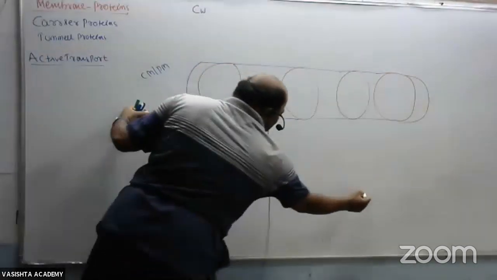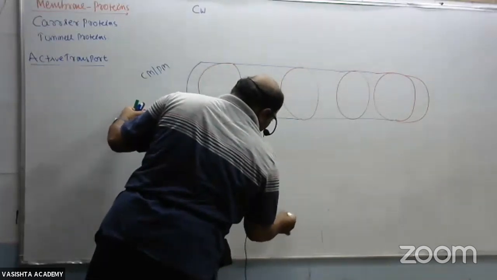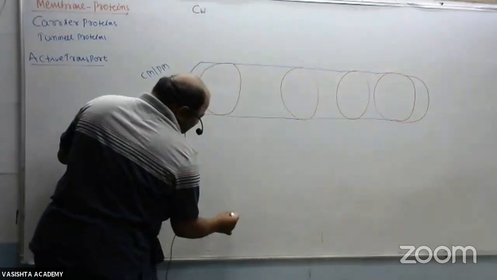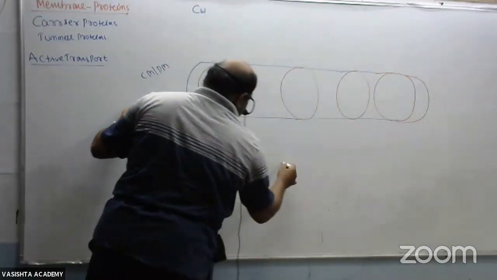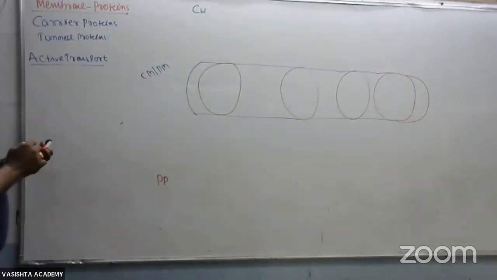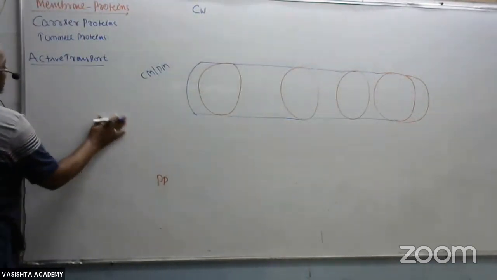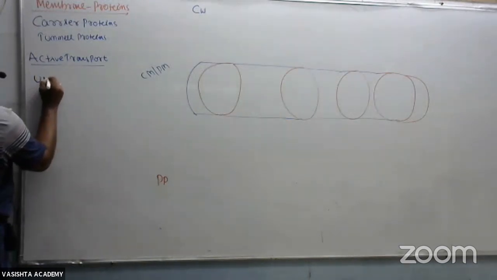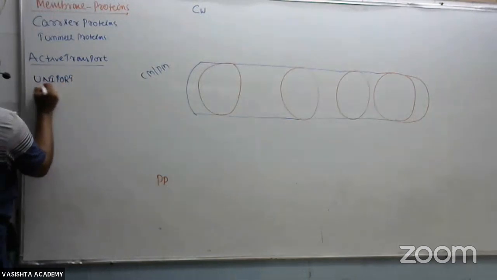In the protoplasm, some ions already exist as well as 85 to 90% of water, inorganic compounds and organic compounds. So many things are present. Now here, these carrier proteins show transport. These transports are of two types. One is uniport transport.